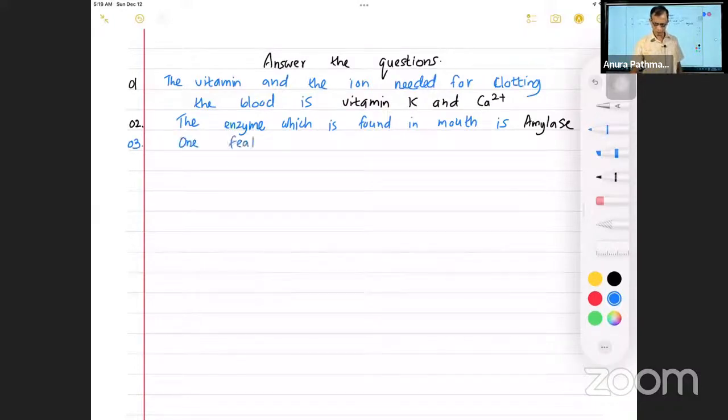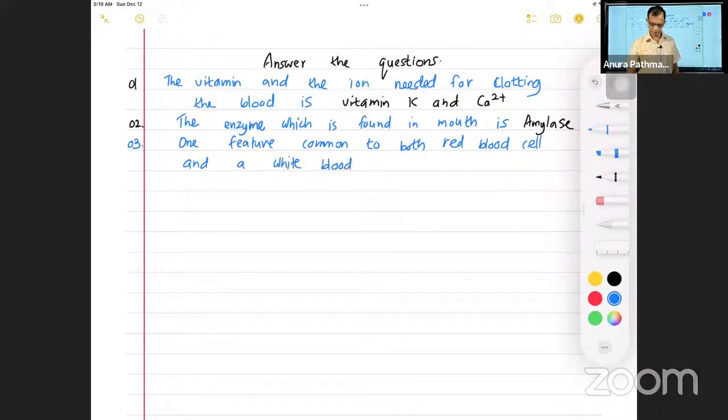One feature which is not common to both a red blood cell and a white blood cell is... What is the feature which is not common to both red blood cell and white blood cell? What is it?